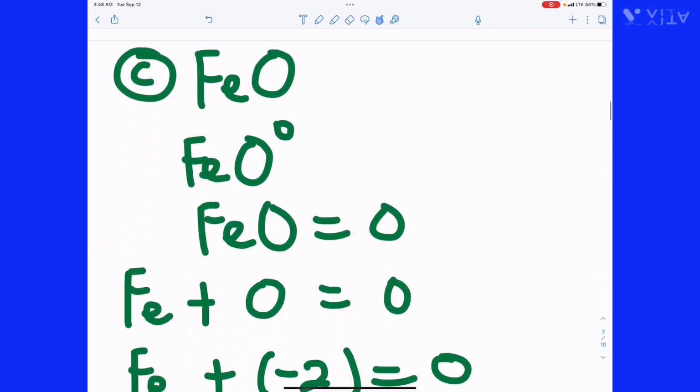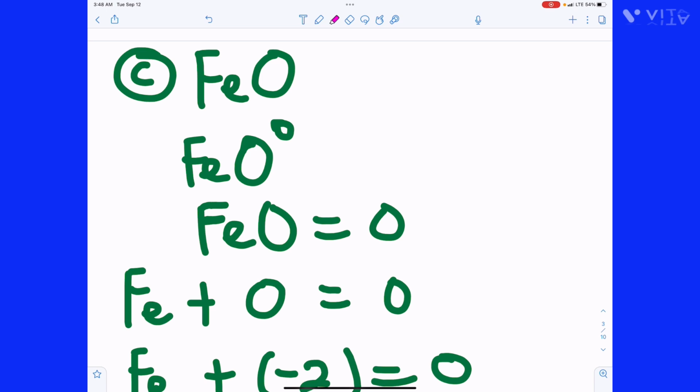So FeO. FeO is equal to 0. The charge on the compound is 0.